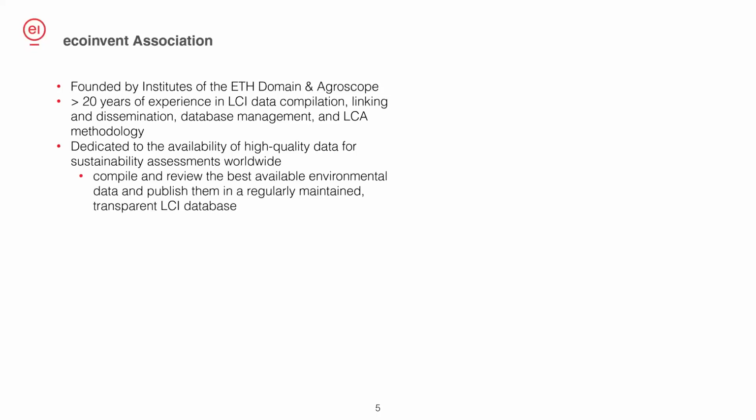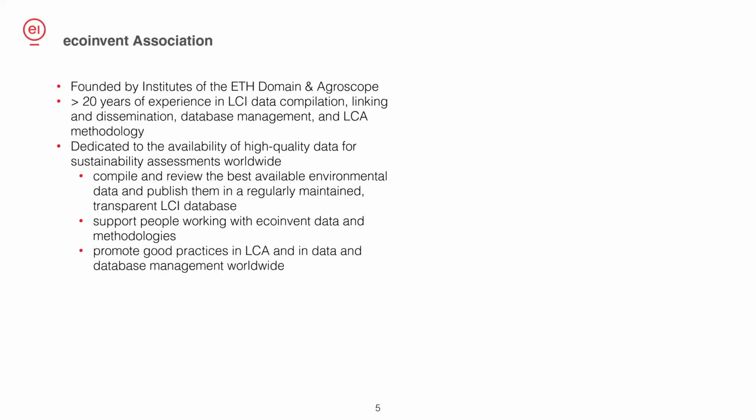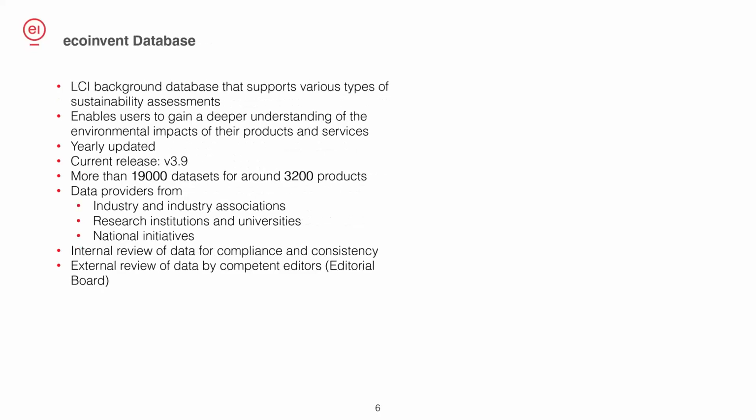And this is something that we achieve by publishing the best available environmental data in the ecoinvent database. We are also supporting people working with ecoinvent data by organizing different events, such as, for example, these webinars. And we promote good practices in lifecycle assessment and in data and database management worldwide.